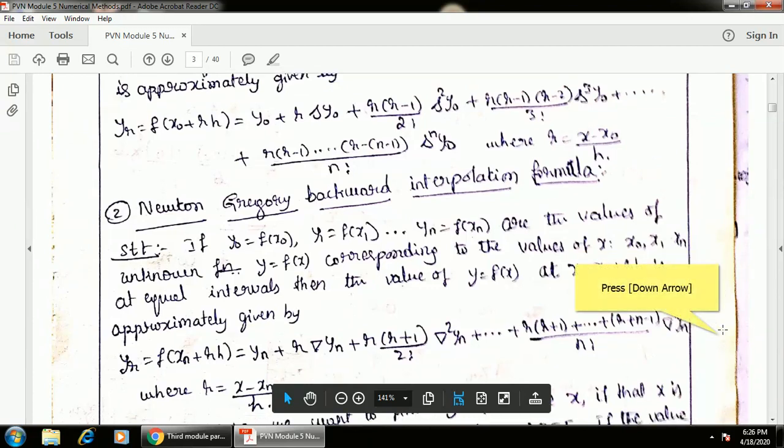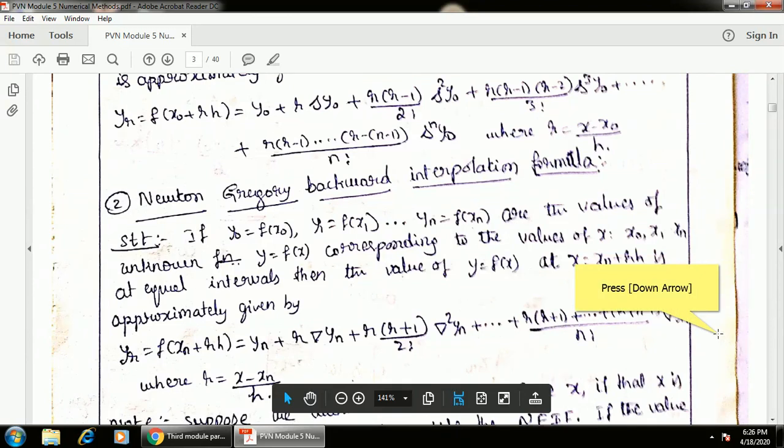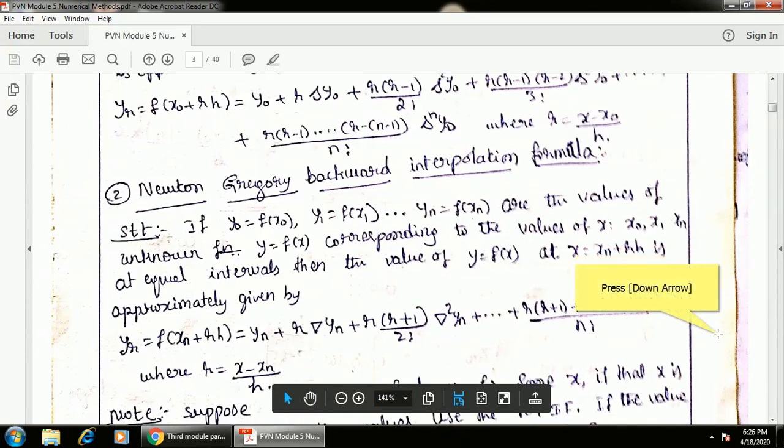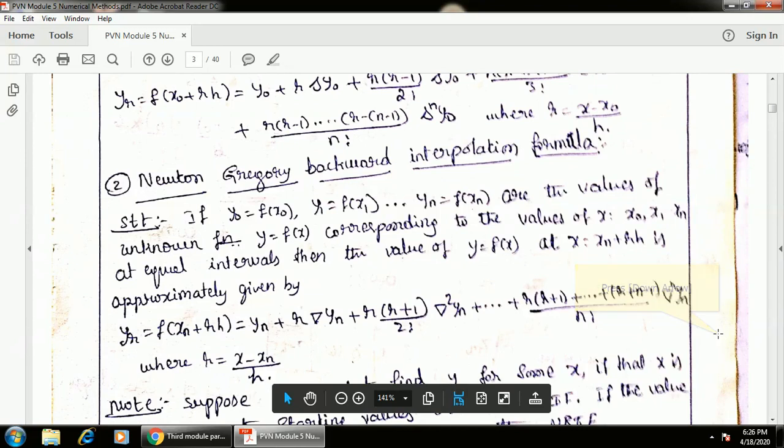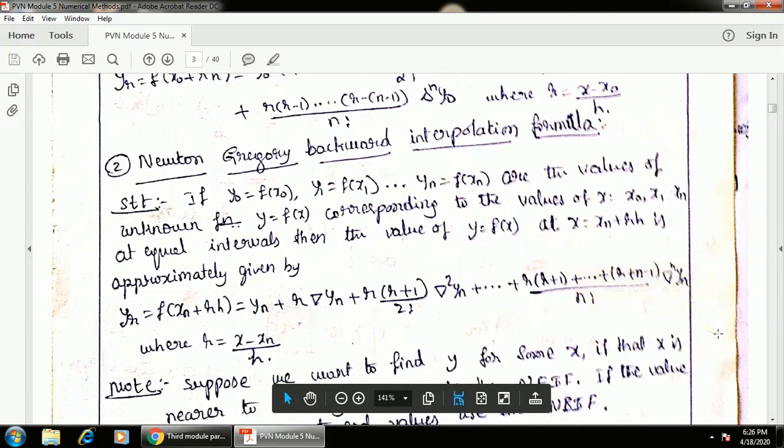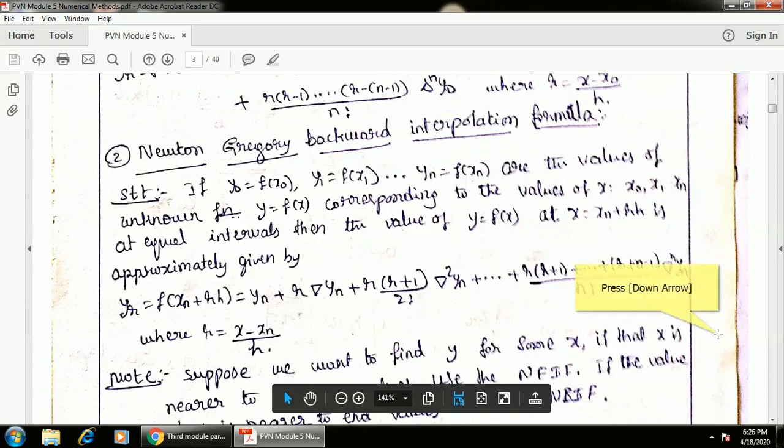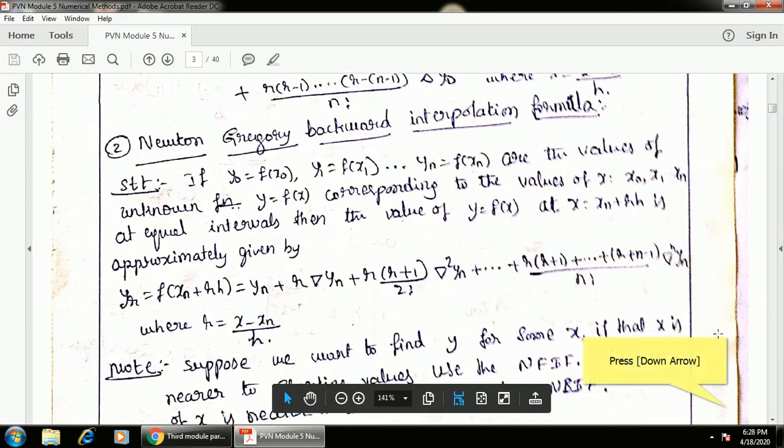Same statement: if y0 is equal to f of x0, y1 is equal to f of x1, y2 is equal to f of x2, dot dot dot, yn is equal to f of xn, these are the values of the unknown function y is equal to f of x corresponding to the values of x at x0, x1 is equal to x0 plus h, x2 is equal to x1 plus h, dot dot dot, xn is equal to xn minus 1 plus h, at equal intervals.